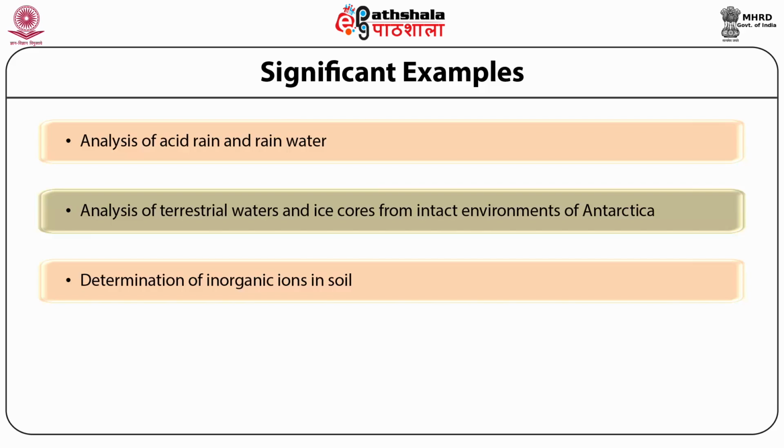Determination of inorganic ions in soil. The determination of inorganic ions in soil is the vital ability to analyze the toxicity of metal ions in soil, solid waste, and sludge.